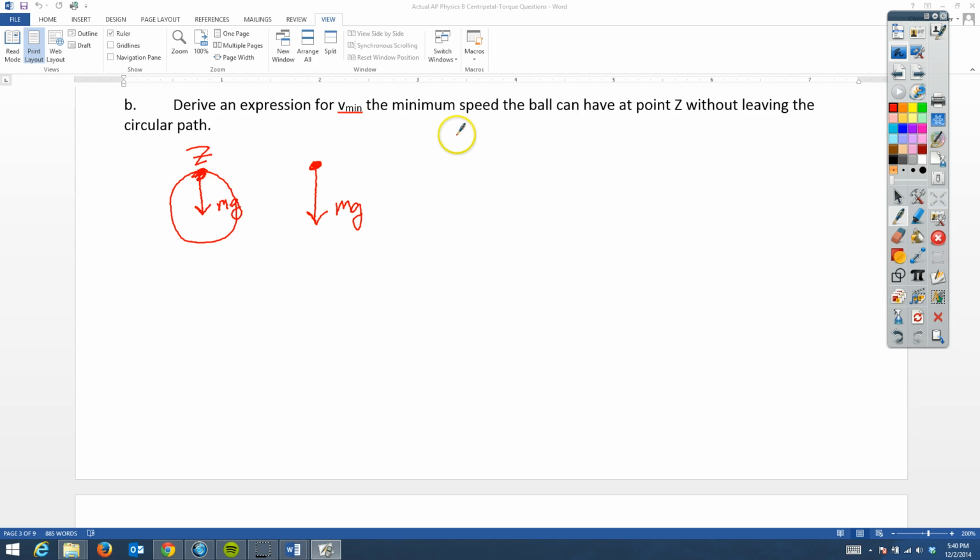Because of that, we're going to say the sum of the forces at point Z is equal to mass times acceleration. So we know it's accelerating, and at this point, it's accelerating because of the force due to gravity. Because of that, we're going to say mg is equal to ma.